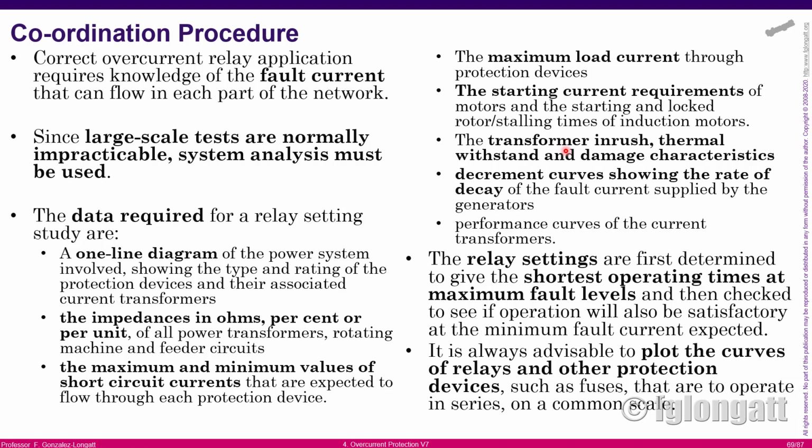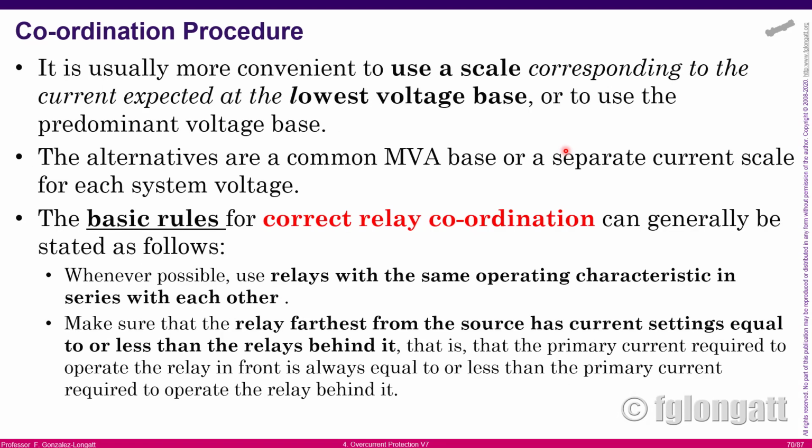For relay settings, you need to start with the shortest operation time at the maximum fault levels. Then you start to plot the curves of all the relays and all the protection devices. Typically we use what we call the plot time current.